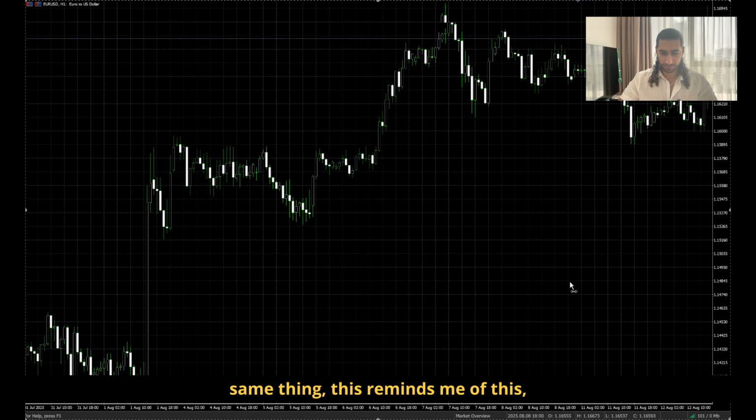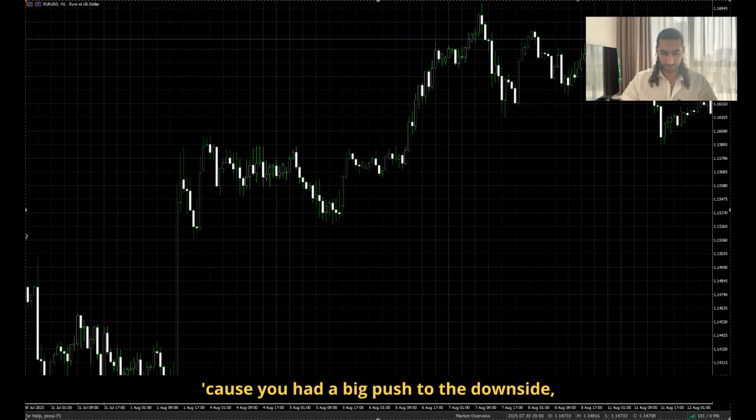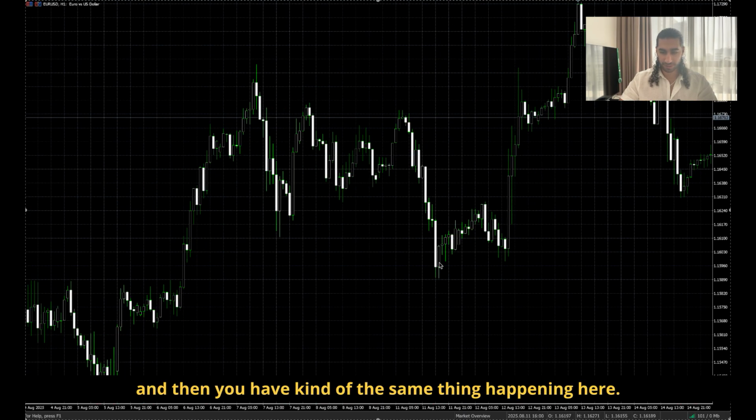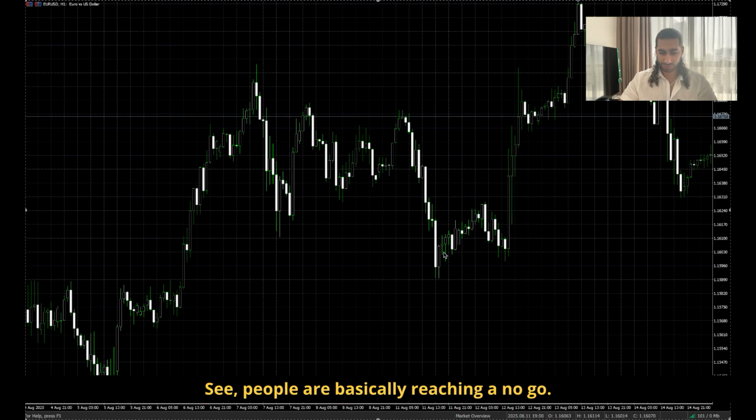This reminds me of this, because you had a big push to the downside, big push to the upside, kept going up, and then you have kind of the same thing happening here. See, people are basically reaching a no-go.